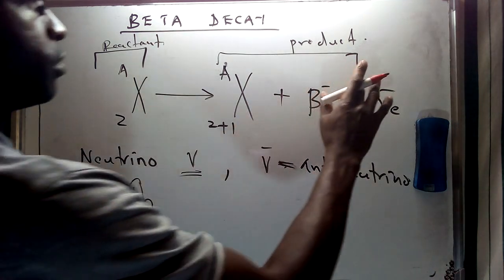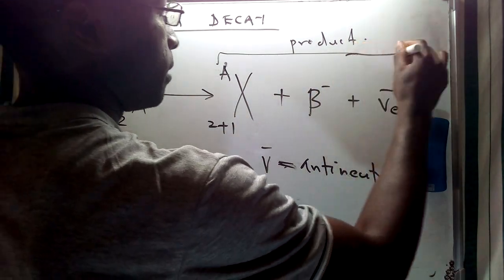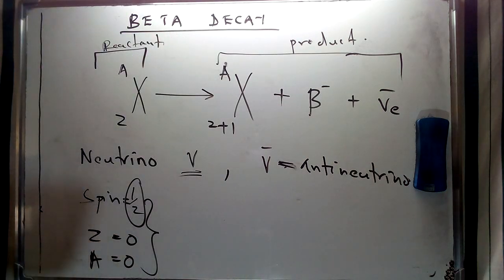So if we try to consider this one, by adding this aspect of a neutrino, we're going to see that this specific number for the spin is going to allow for conservation of angular momentum.